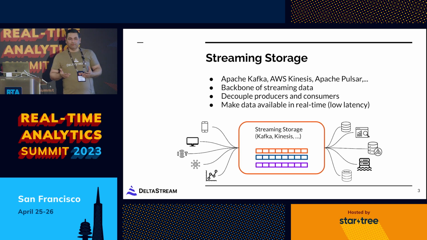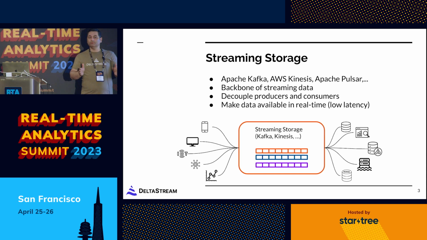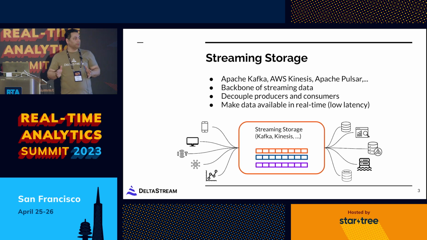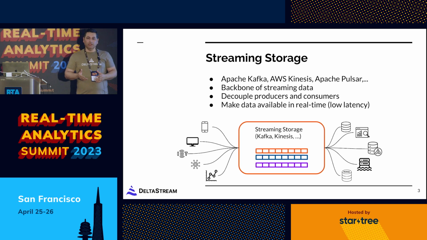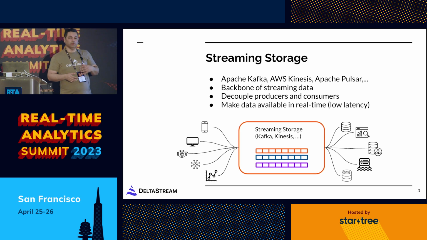Any place that you have streaming data, one way or another, you have Kafka or Kinesis or any of these systems. And there are two important characteristics of these systems. The first one is that they decouple producers of information from the consumers of information. This decoupling gives you a lot of flexibility in building applications without worrying about where the data comes from or where the data goes.